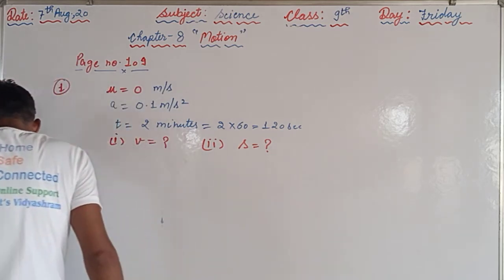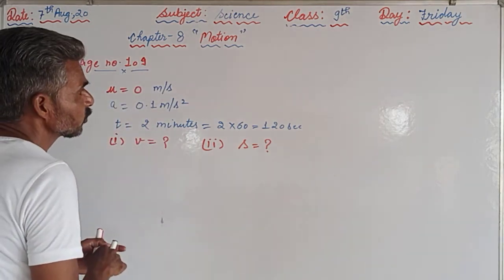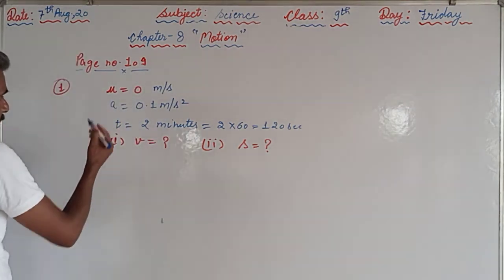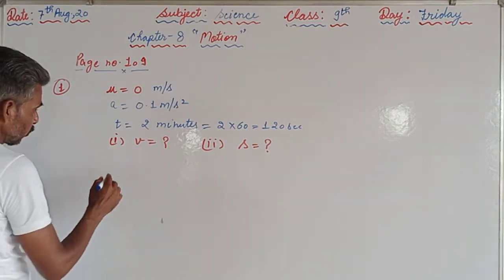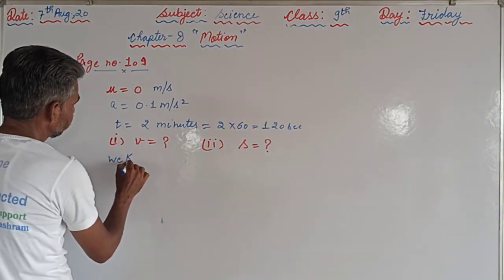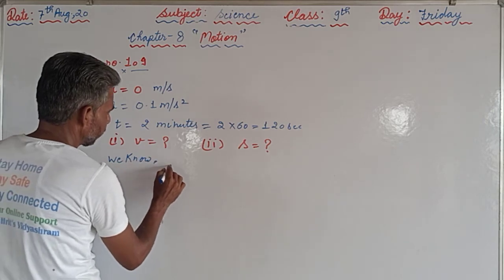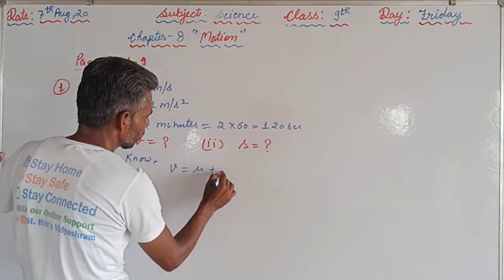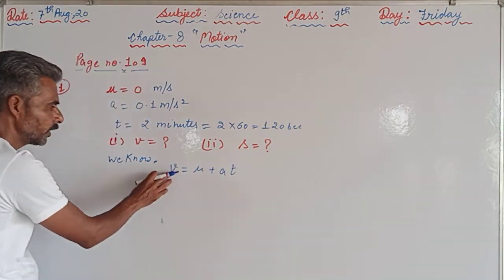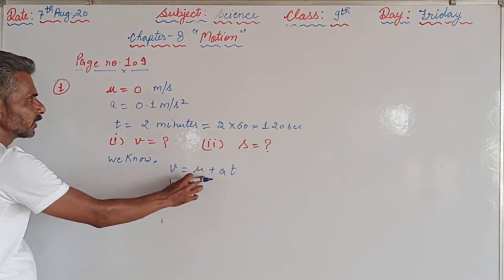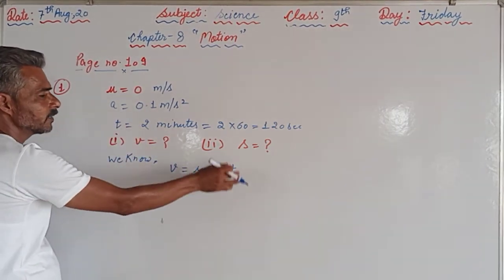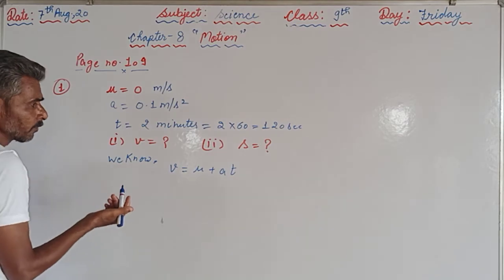We have 3 equations of motion, and according to the first equation of motion, V is equal to U plus A T. V we have to calculate. U is given here, A is given here, T is given here. So we can use that equation.